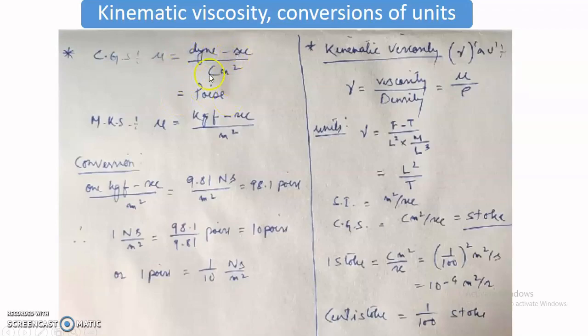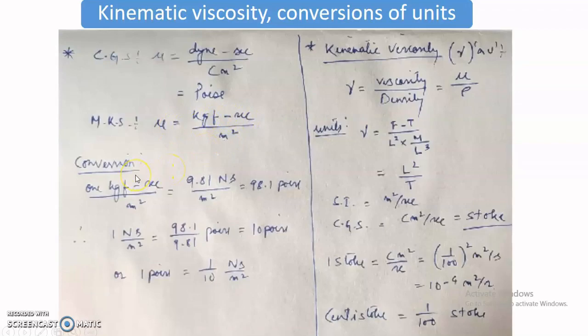Dyne second, and meter square changes into centimeter square. So dyne second per centimeter square is the unit of viscosity for the CGS system, and this whole dyne second per centimeter square we call collectively poise. And for MKS, the unit of viscosity is kg force second per meter square. Clear?